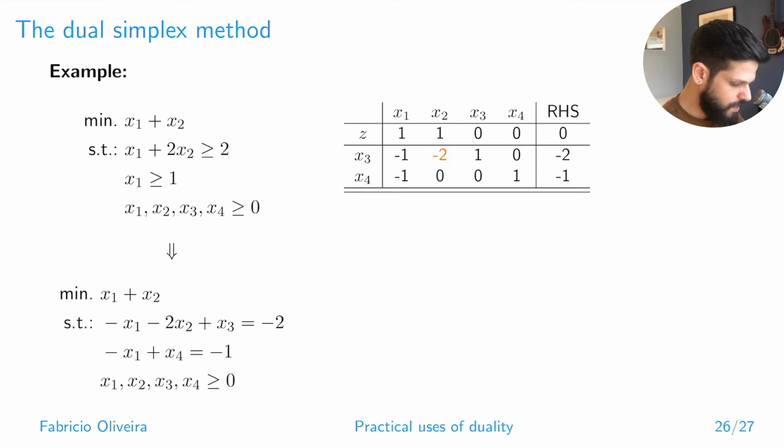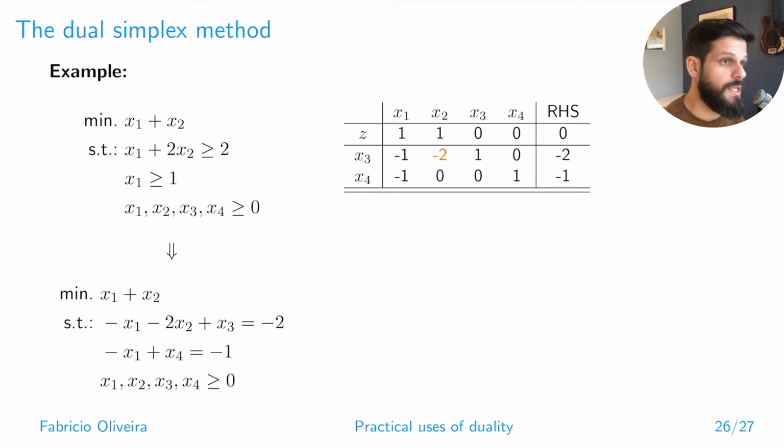And notice what is interesting is that these two slack variables are giving me a basis to start with. So here's my identity matrix with x3 equals -2 and x4 equals -1. It's just like saying that I have slacks that are taking negative values. And that allows me to start from the point where x1 and x2 are 0, which I couldn't before.